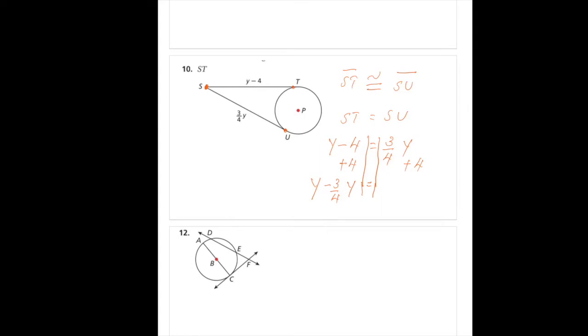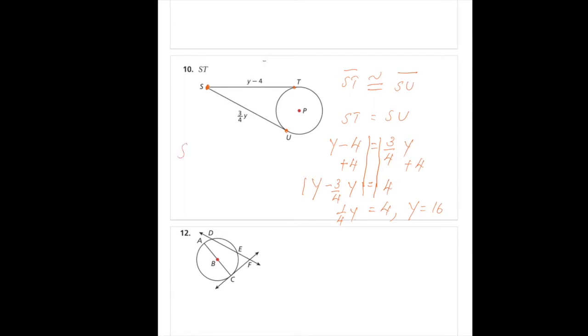I'm just doing that in one step. Hope you understand. So 1Y minus 3/4 Y is 1/4 Y, which is equal to 4. So if 1/4 of a number is 4, the number is going to be 16.